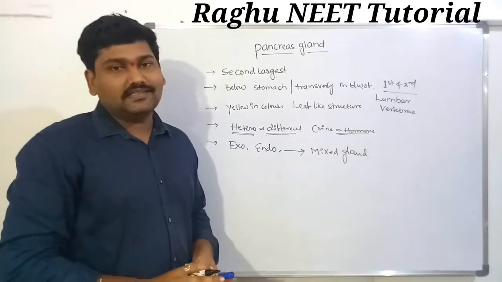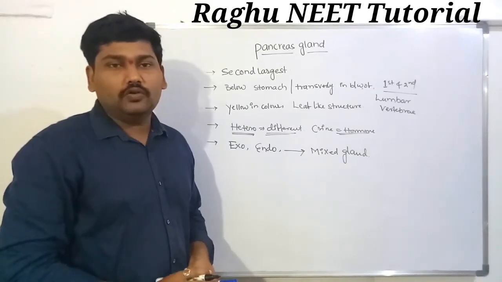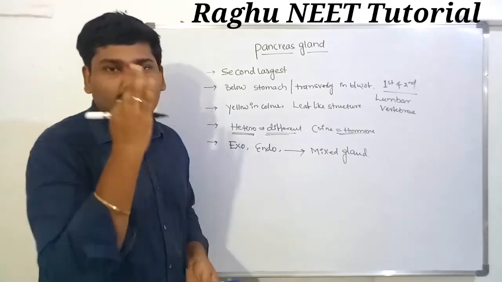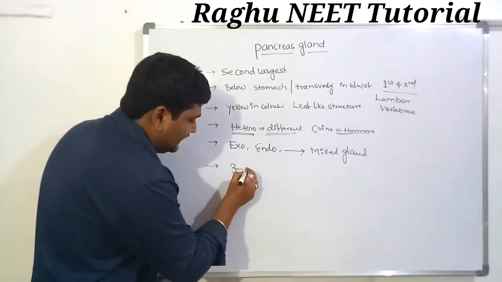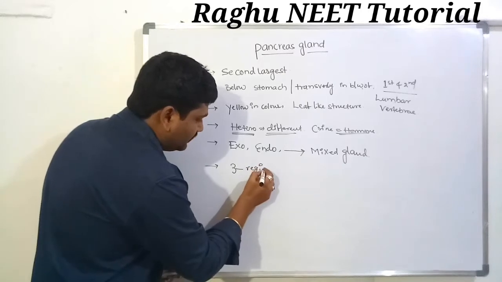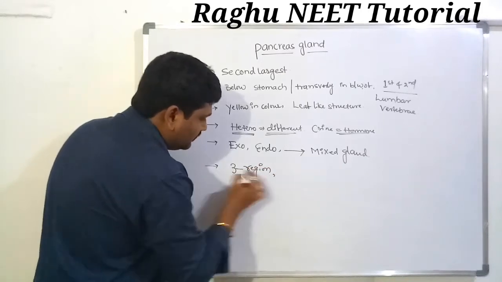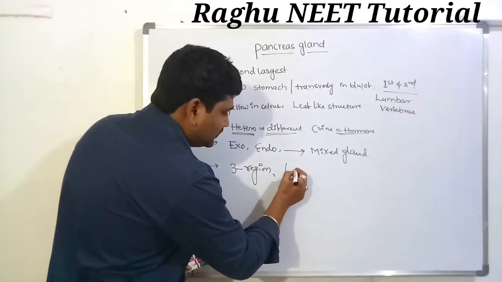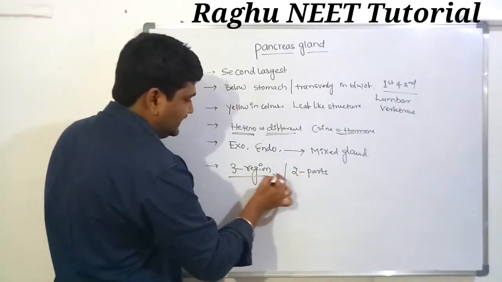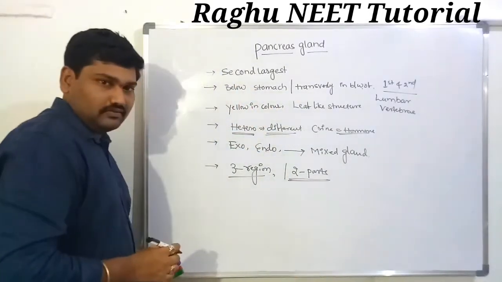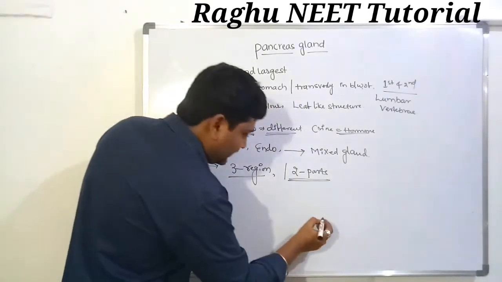The pancreas gland can be divided into three regions and two parts. Let's draw the diagram.